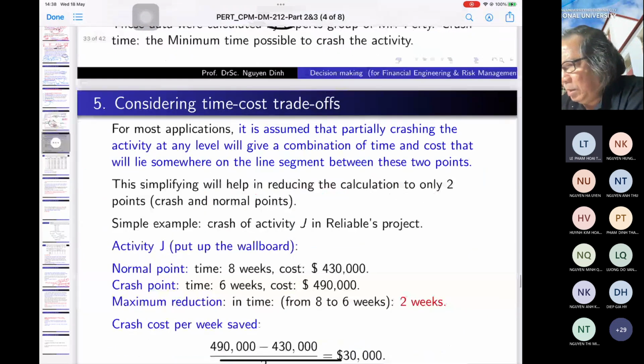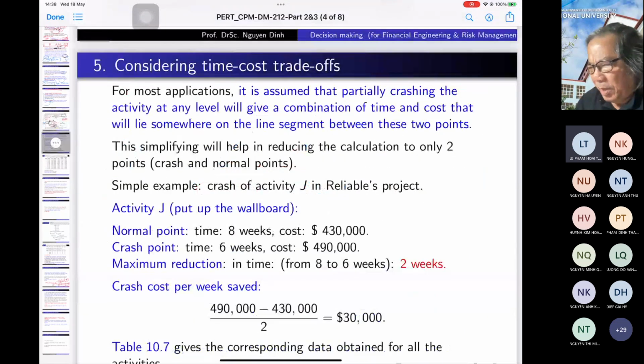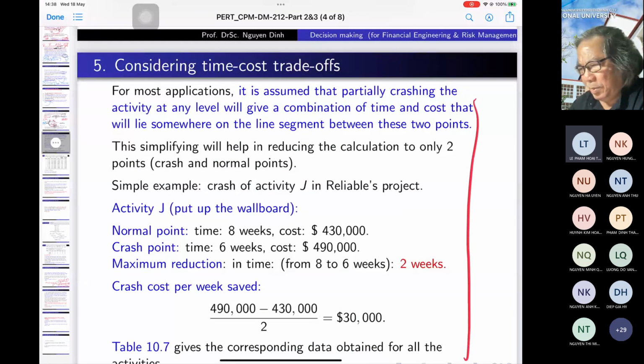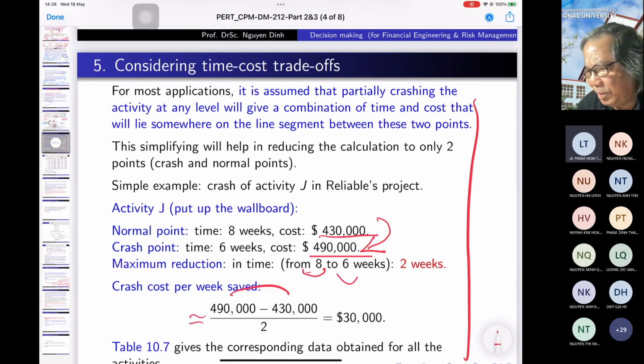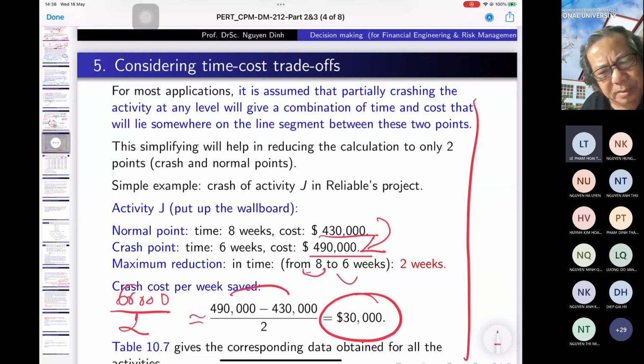Okay. So, as I told you before, we reduce from 8 weeks to 6 weeks, and the money is raised from $403,000 to $409,000. So the total extra money here is $60,000, but over 2 weeks, so 1 week is $30,000.